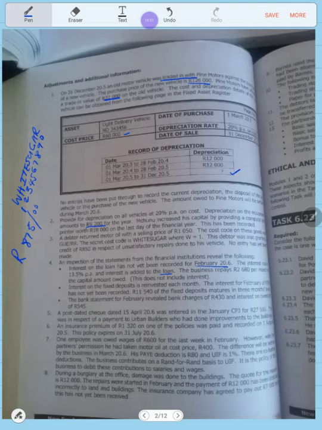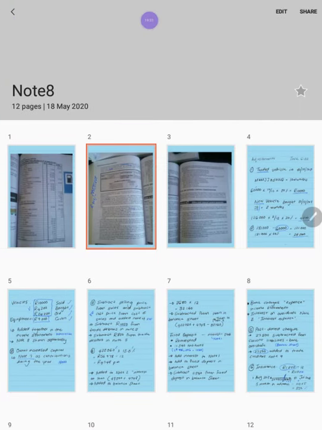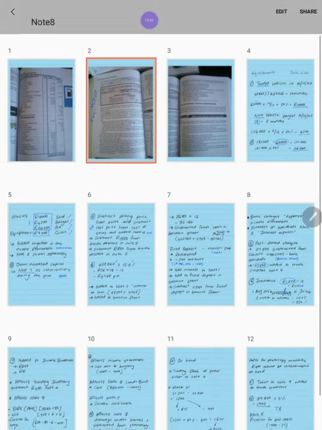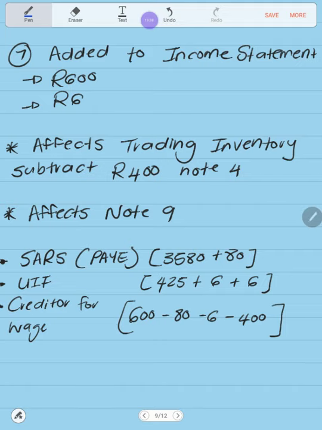So that one is a little bit of a long one. So I wrote my notes down in detail. Okay, so you're going to add it to your income statement. Under salaries and wages, you're going to take your trial balance figure and you add in the 600 Rand, which is his monthly payment, and you also add in the 6 Rand, which is his UIF.